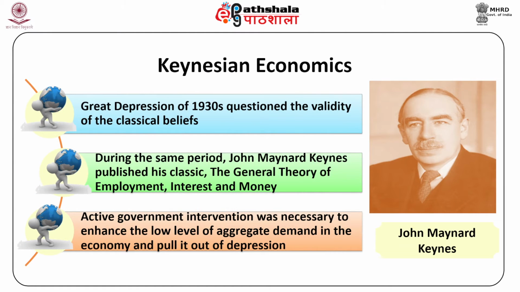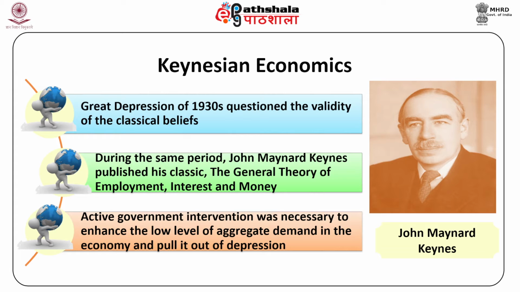The Great Depression of the 1930s questioned the validity of the classical beliefs of laissez-faire, that is, minimal government interference and full employment. During the same period, John Maynard Keynes published his classic, The General Theory of Employment, Interest and Money.